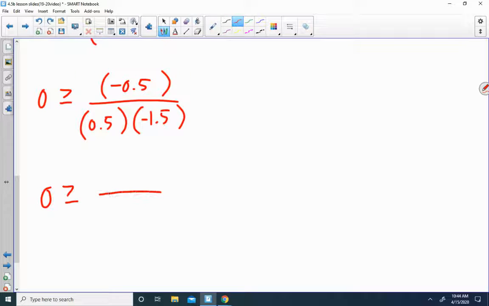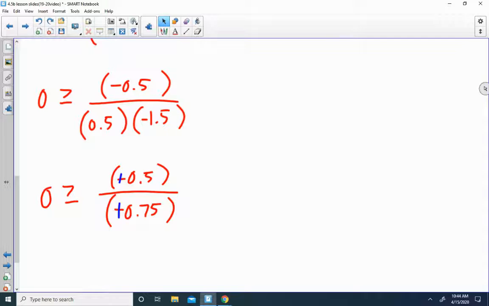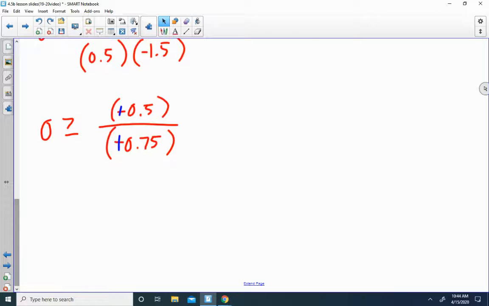On top, you're going to have negative 0.5. Now you got to multiply the bottom. You got to multiply 0.5 times negative 1.5, and it should give you negative 0.75. And lucky for us, minus a negative makes that plus positive. So now you just have to divide those.